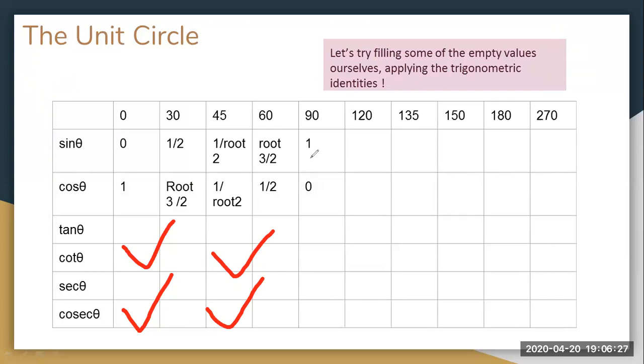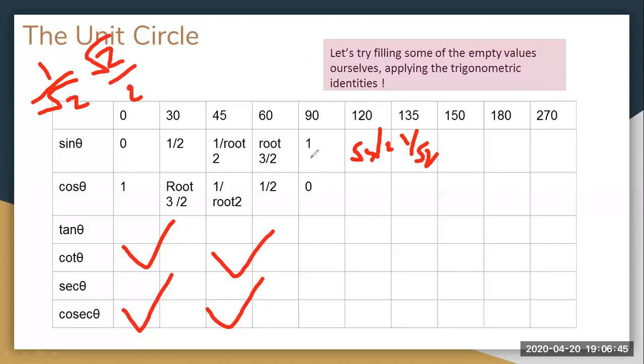Okay, so using this property, we can fill out the values. This is root 3 by 2. This is 1 by root 2, and if you want, you can write 1 by root 2 as root 2 over 2 by multiplying root 2 in the numerator and denominator. I think it's helpful to remember, because I already explained this is 0 by 2.